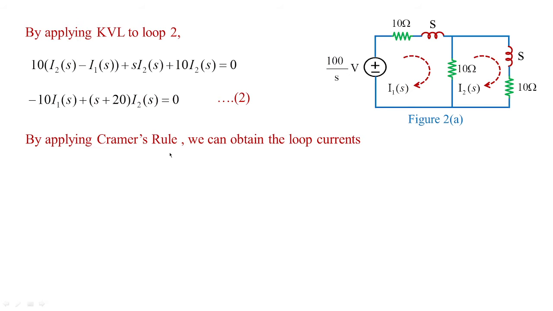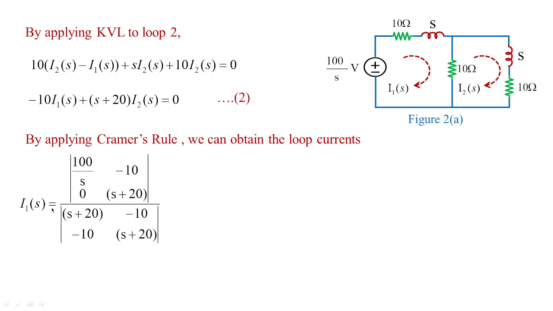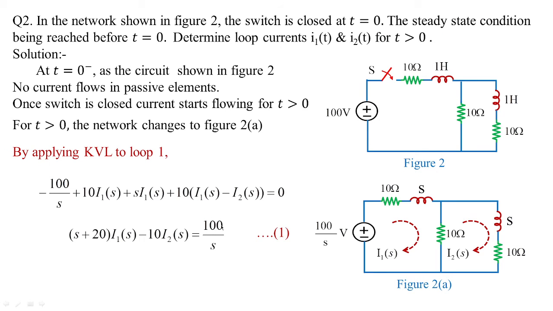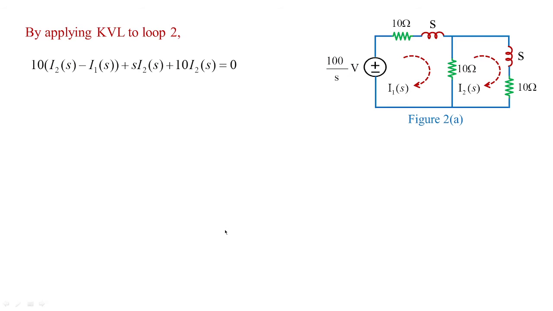So how do we find out I1 of S? For that, we have to take the help of matrix equations by concentrating on equation 1 and equation 2. So I1 of S is equal to the determinant of, see, in equation 1 you have 100 by S as one value on RHS, and in equation 2 you have 0 in RHS.